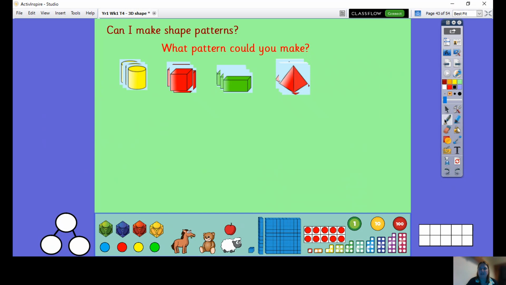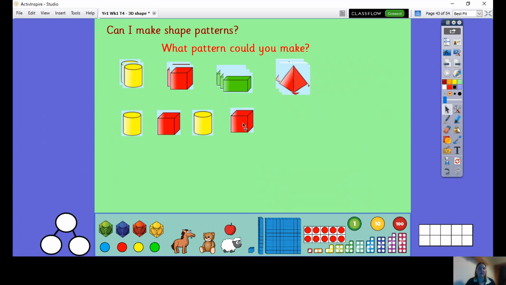Okay, so having a look here, what kind of pattern could I make with these? If I just had two of them, I could go cylinder, cube, cylinder, cube, cylinder, cube. So I could do that pattern. What else could I do?